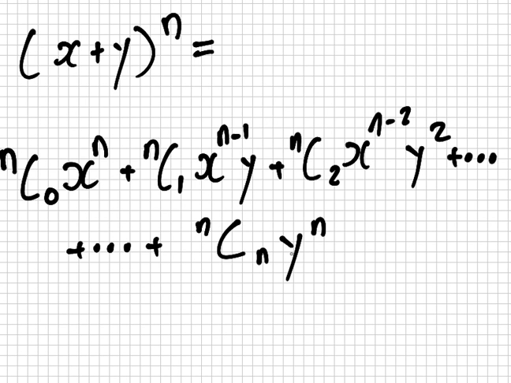So really all I'm saying is you can use the c's instead of Pascal's triangle, which I'll show you now in an example. So for example, (2x + y) squared. Just a small example to get the idea.